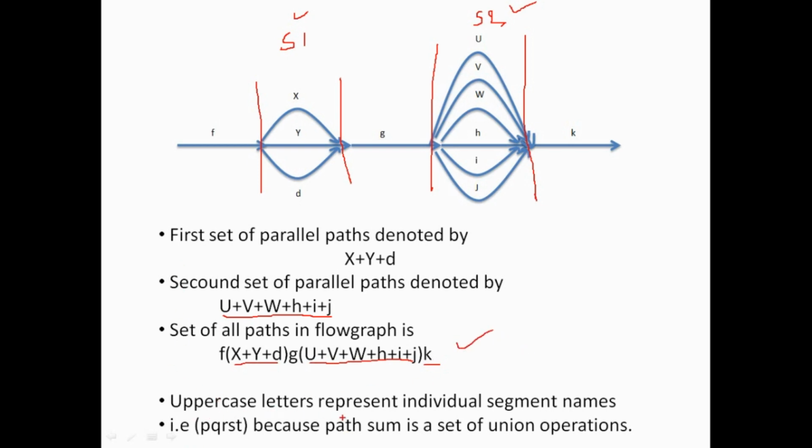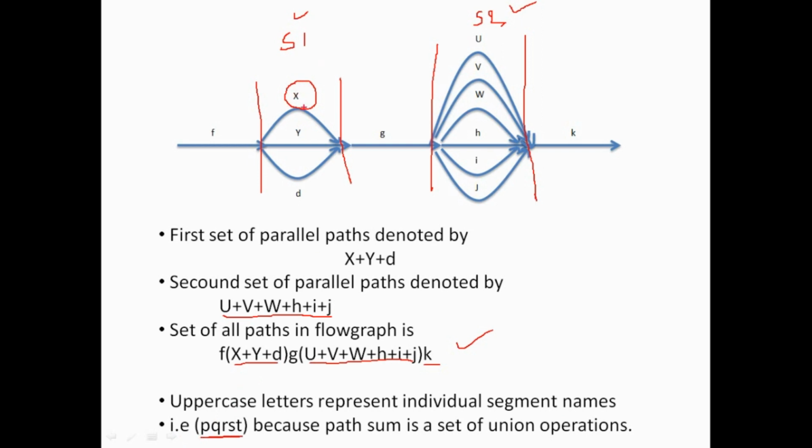Uppercase letters represent individual segment names. So here uppercase letters are specifying individual segments, they are separate segments, like P, Q, R, S. These are our different links.